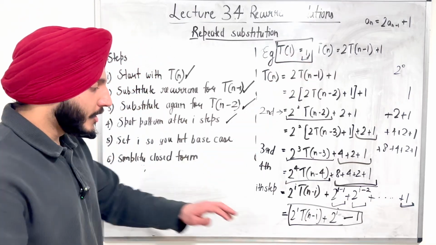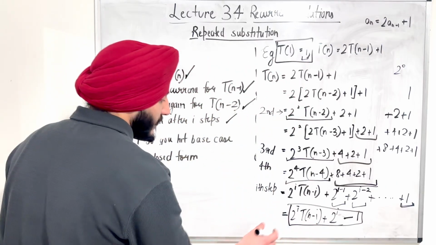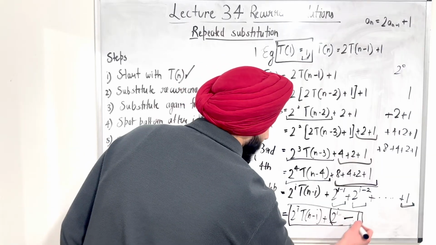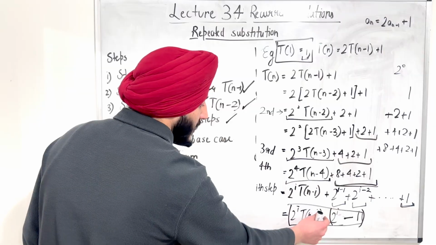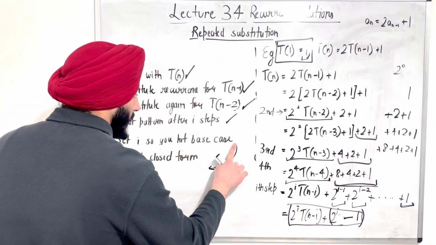Okay, so how do I do it? In my equation, I see it is 2^i T(n-i) plus 2^i minus 1. My goal is to replace this value, T(n-i), with T1.